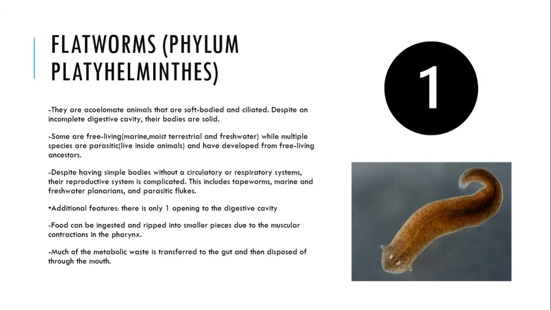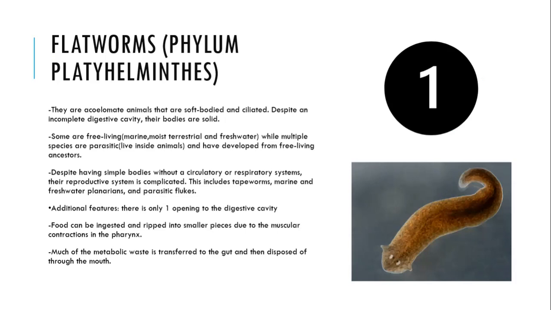Some of them are free-living. They live in marine, moist terrestrial, and freshwater environments. Other species are parasitic as well, so they live inside animals and feed on them. Despite having a simple body without a circulatory or respiratory system, they have a quite complex reproductive system.